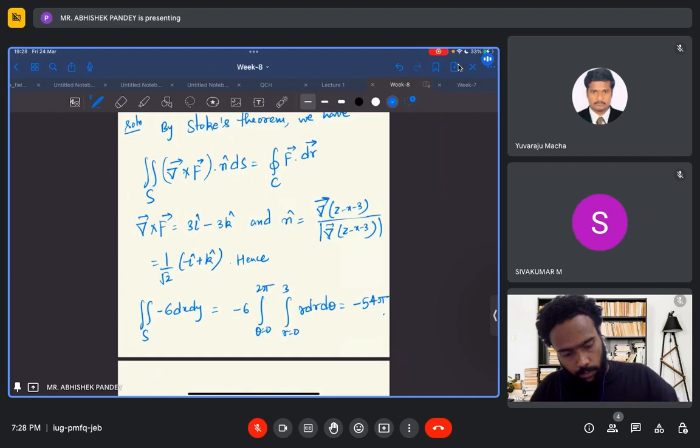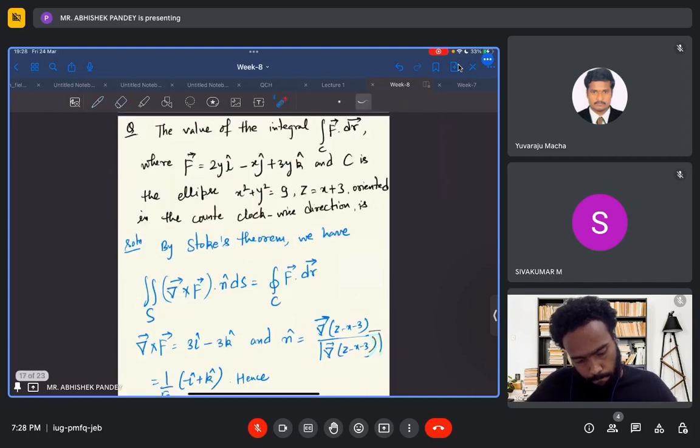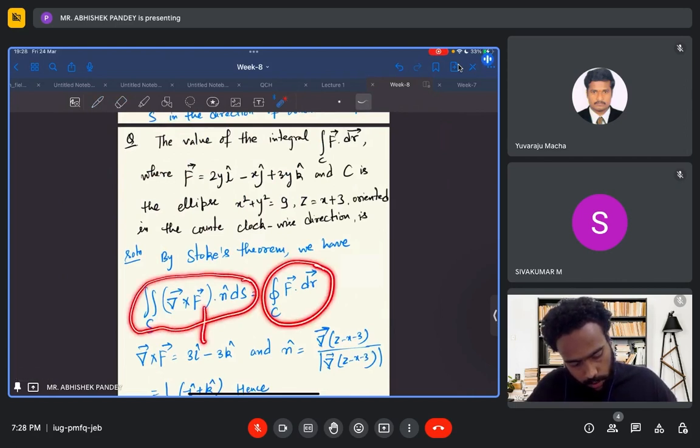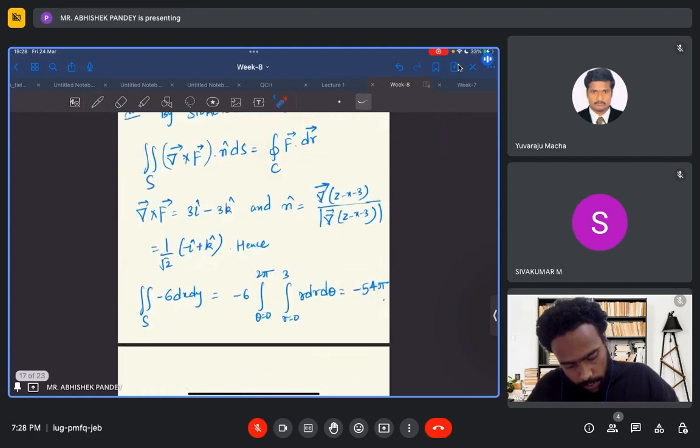So this thing only you have to do, you have to find this one, so you will convert into this one. Now this one is easy, so del cross f we have found, dot n cap is this one. So basically n cap is this, and you will get minus 3 and minus 3 to minus 6.